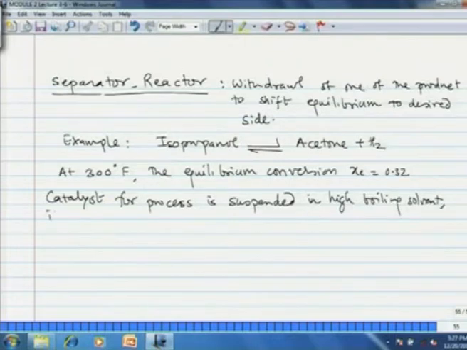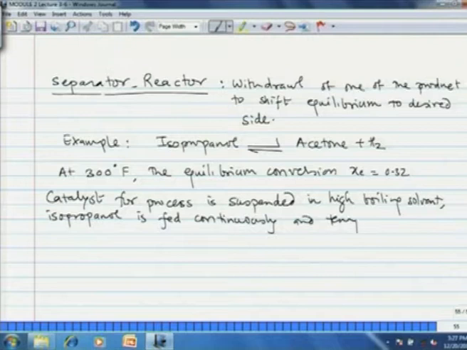Isopropanol is fed continuously to this solvent, or it is mixed with the solvent, and the temperature of this system is maintained above the boiling point of acetone.